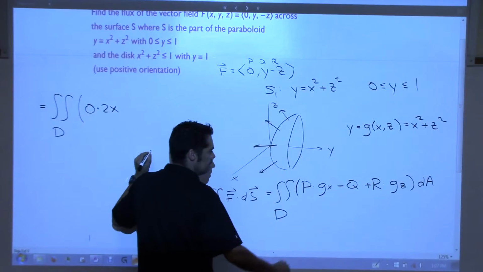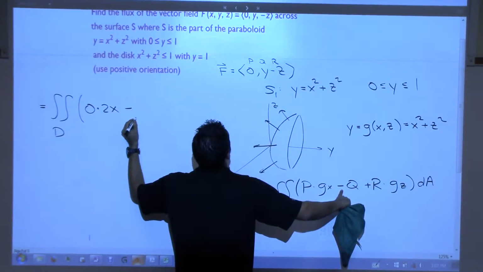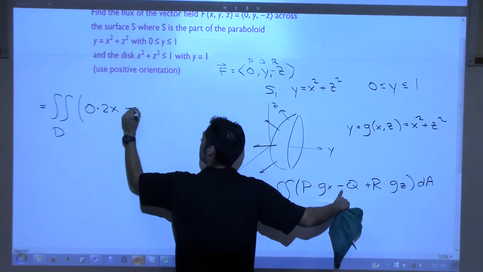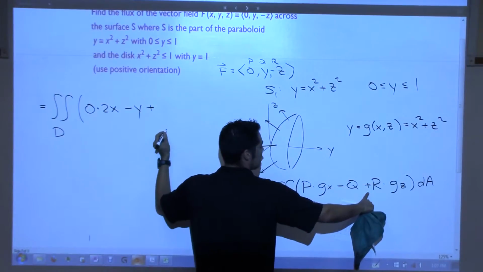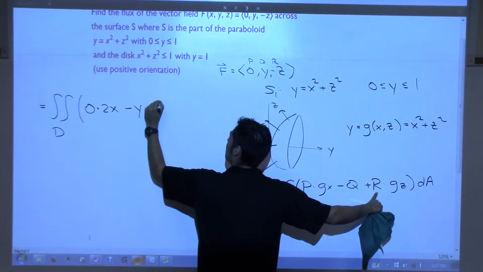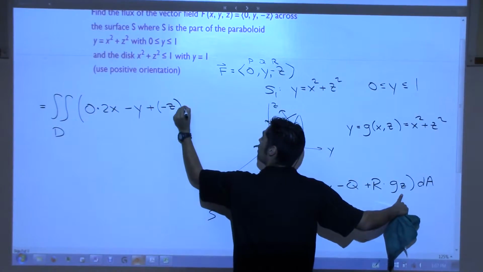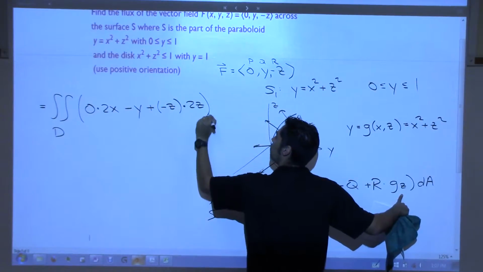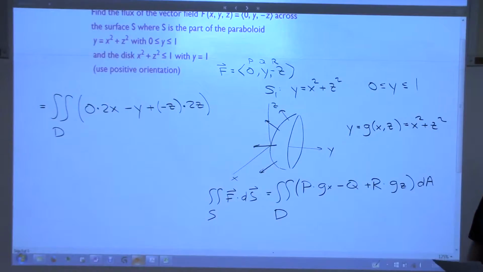That's what it would have been. Minus Q, what's Q? Oh, I forgot. Q is y, right? Plus R times, what's R? Negative z times the partial of g with respect to z, which is 2z. We good?